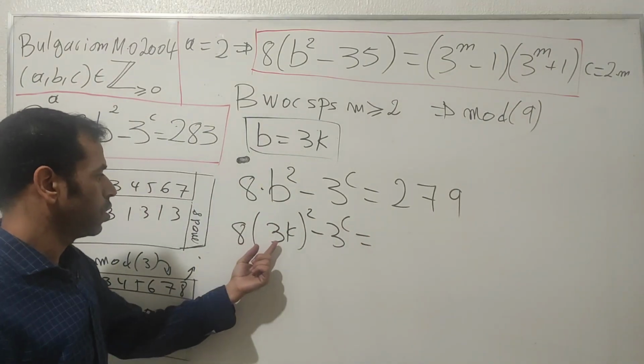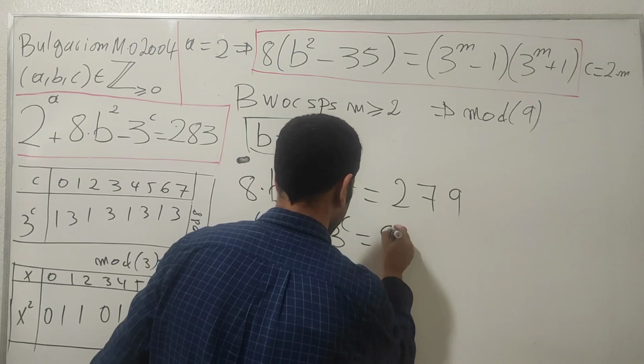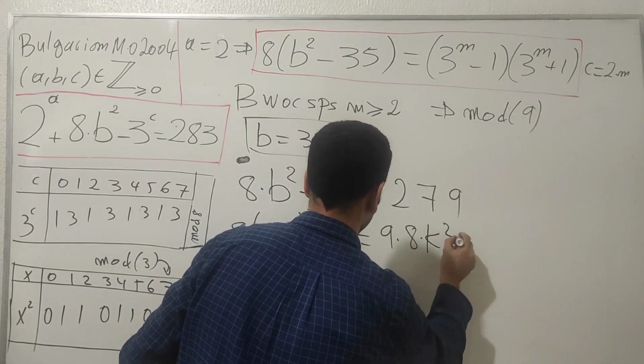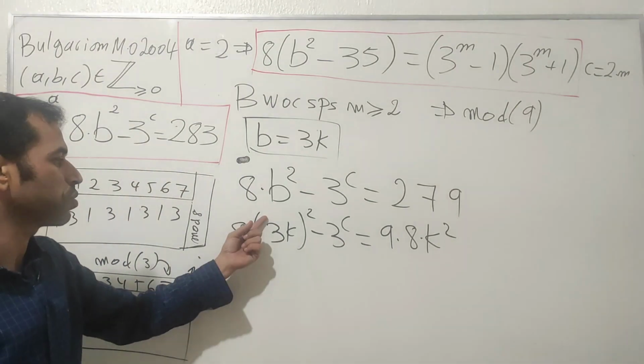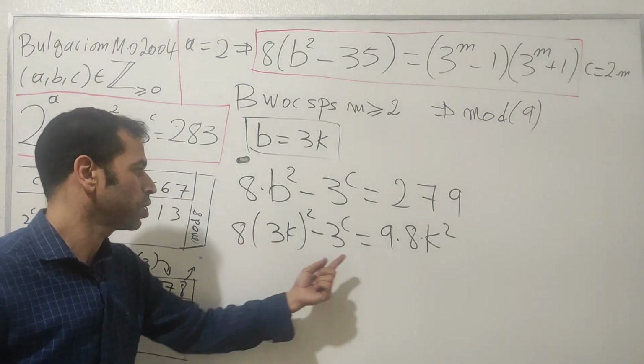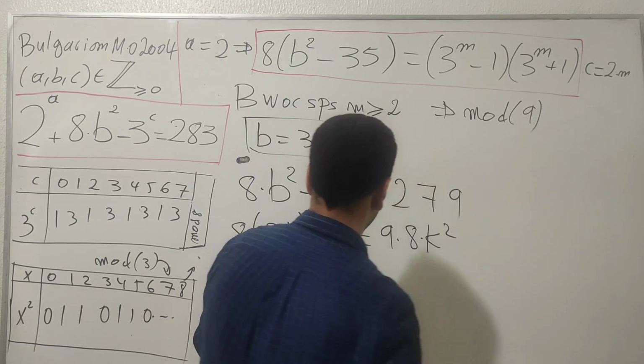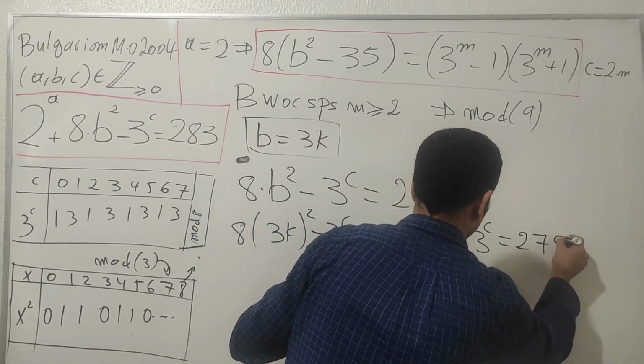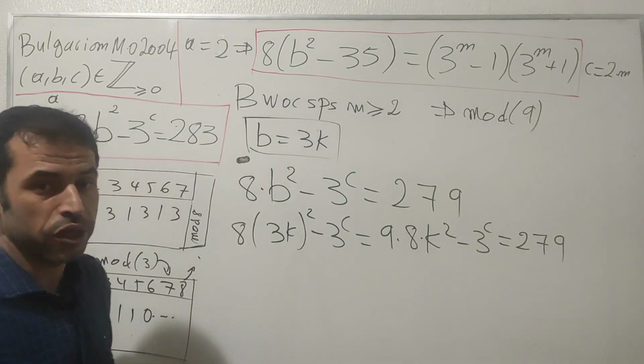So this gives us 9 multiplied by 8 multiplied by k squared, because 3 squared becomes 9, and minus 3 to the c equals 279.